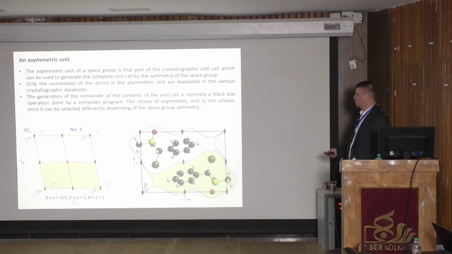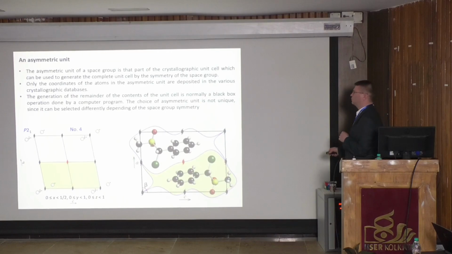Sometimes this is really a point if you're using some computer visualizing program for the first time. They might show you both of them by default, or they might show you only the asymmetric unit. As I said, you might see half of a molecule, because it means that half of the molecule makes the asymmetric unit, and the other half comes from symmetry.